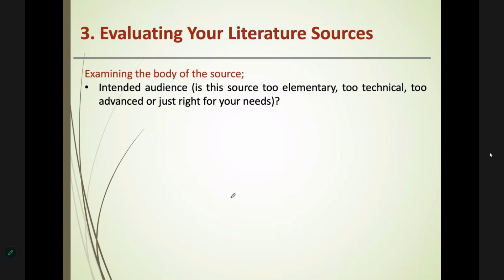Certain articles are meant for a certain type of audience, right? Some papers are very technical because they are written for a technical-level audience. Sometimes we don't understand what they are writing, right? So when you are looking at the body of the source, also see to whom these articles are actually written for, and then you can see whether they are appropriate for you or not.